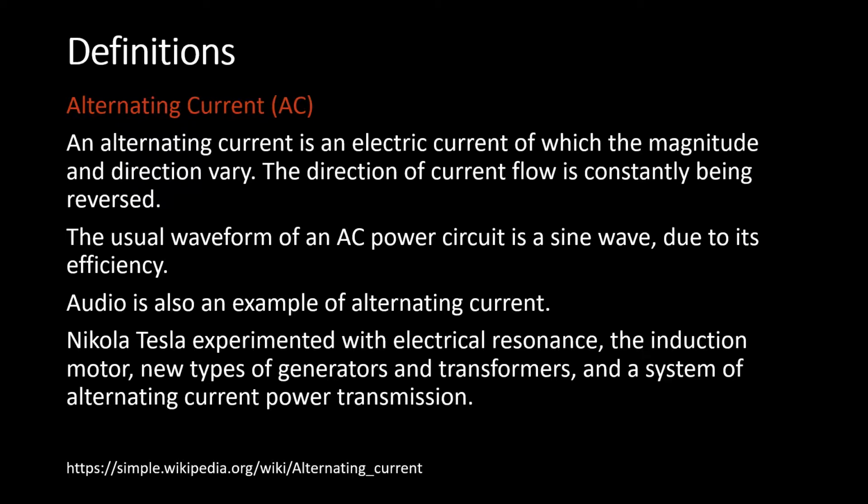So audio is also an example of alternating current when we're talking about audio signals in wires. Nikola Tesla experimented with electrical resonance, the induction motor, and new types of generators and transformers, and he came up with the first system of alternating current power transmission.